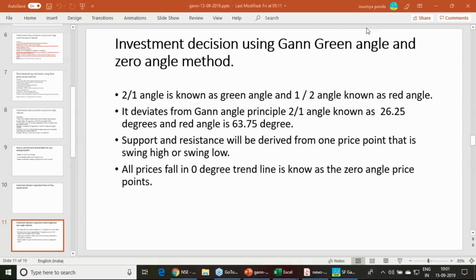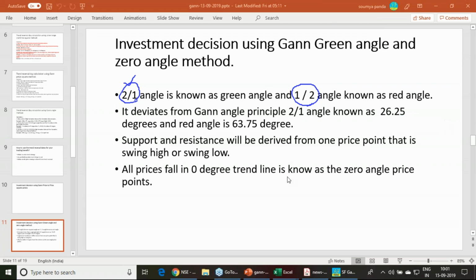From that low, you calculate the 2 by 1 angle, the green angle. Once the price gives a crossover of that green angle, you can buy. Put the 1 by 2 angle point as your stop loss, or as a second accumulation point, or accumulate and add some more into that. By this process, if you go on investing, then investment yields good results. So this is known as your investment decision using the green angle and zero angle.